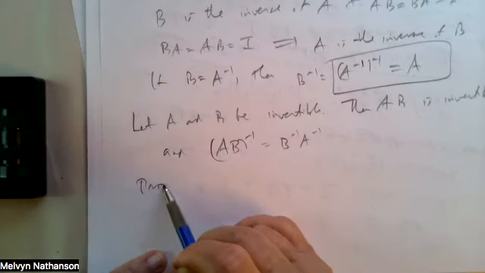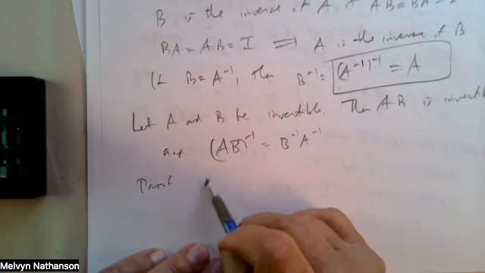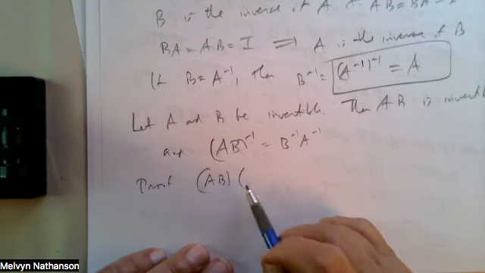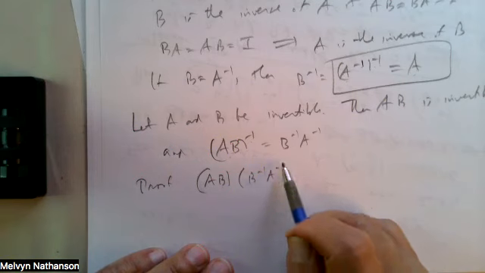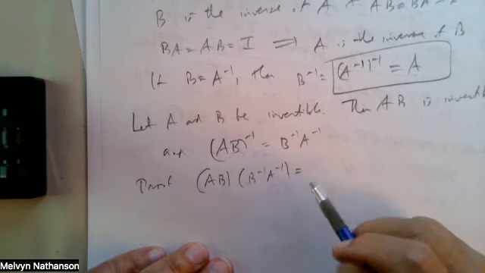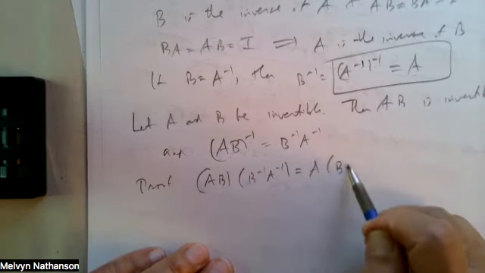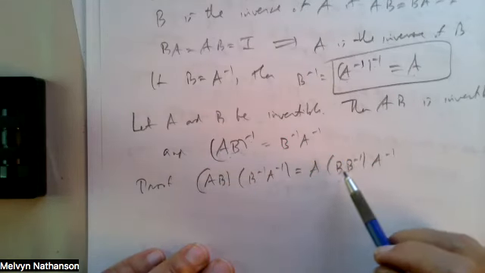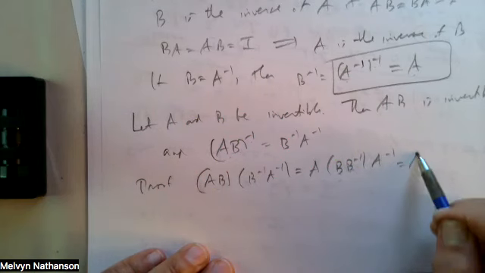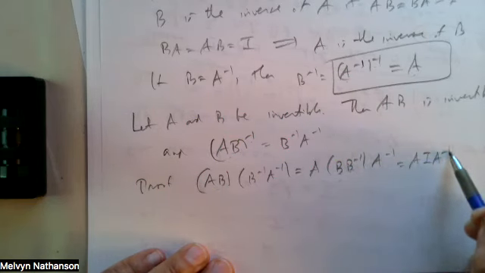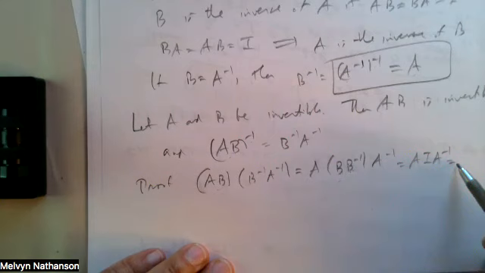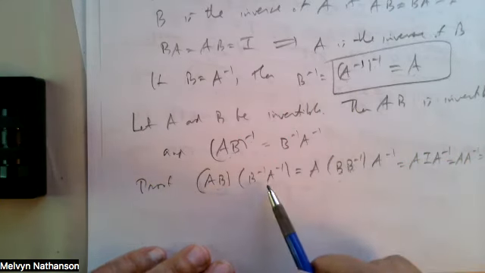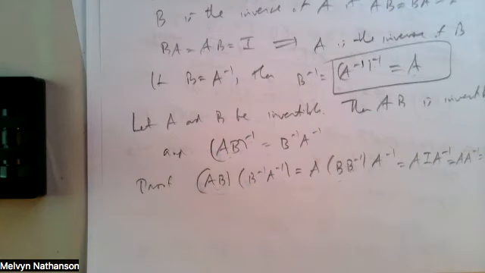And the proof is very simple. If I take AB and multiply it by B inverse A inverse, by associativity, that's A times BB inverse times A inverse. I haven't changed the order. But BB inverse is the identity, so A times A inverse is equal to I. So AB times B inverse A inverse is the identity.